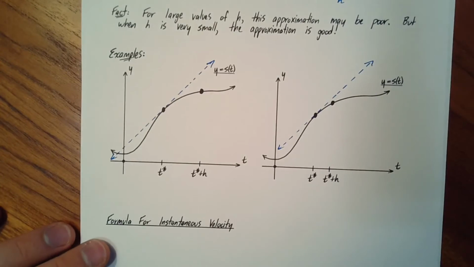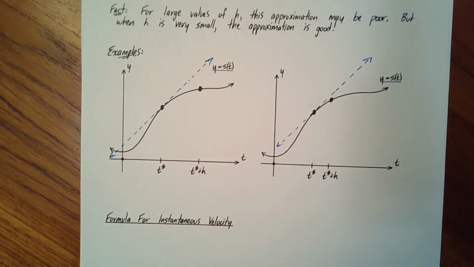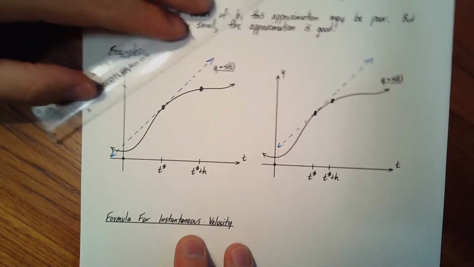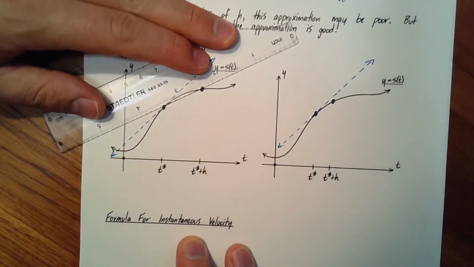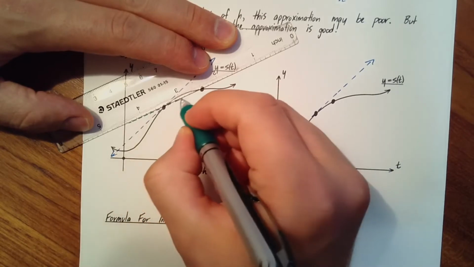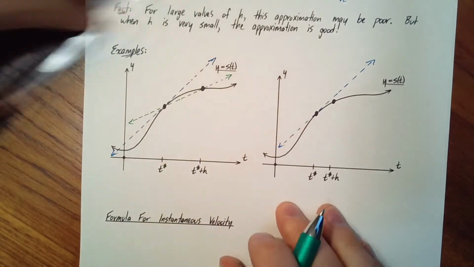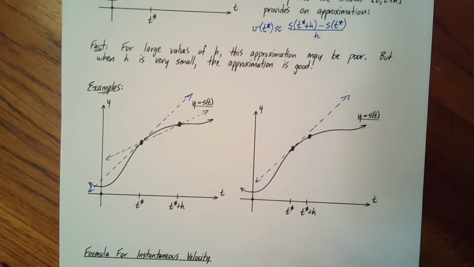What do we get if we take the average velocity over the interval t star to t star plus h in the first picture? I'm going to draw this one in green so it stands out, but remember, the average velocity is just the slope of the secant line. So you're talking about the slope of this green line that I'm sketching now, where the instantaneous velocity is the slope of the blue line.